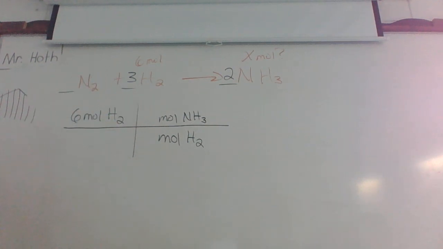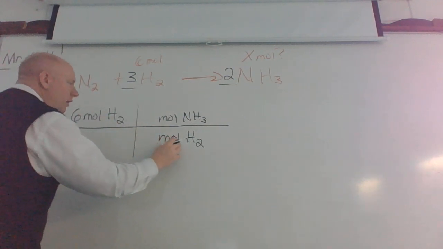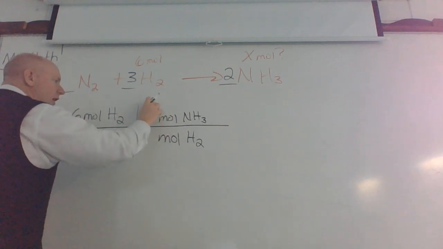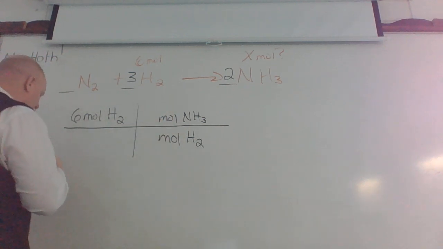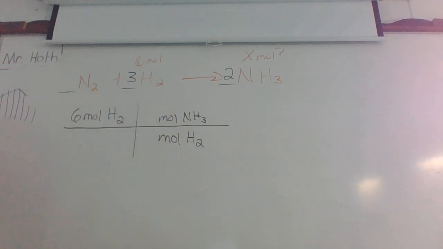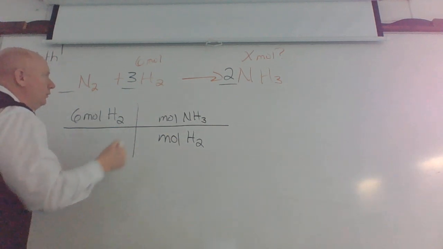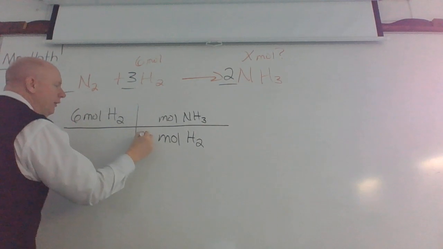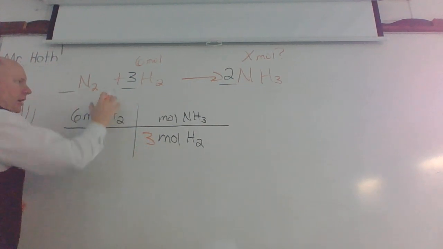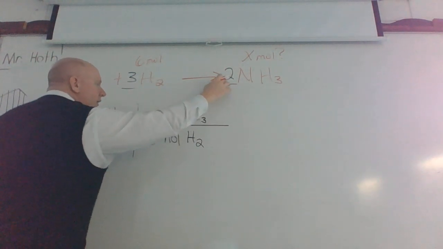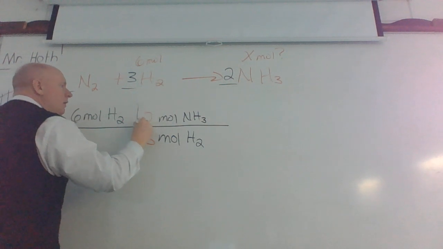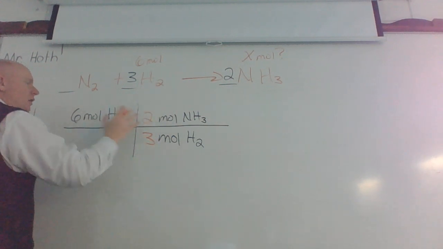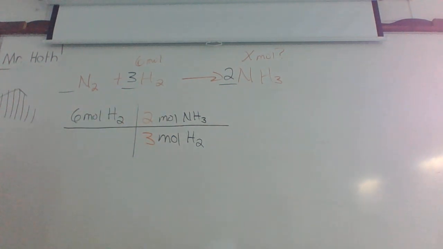So now we go back and we find hydrogen and ammonia, and we look in front and we see, oh, well, there is a 3 in front of the hydrogen, so we put a 3 here, and then we look over our ammonia and we see that there is a 2 there, and we utilize those coefficients in that manner.